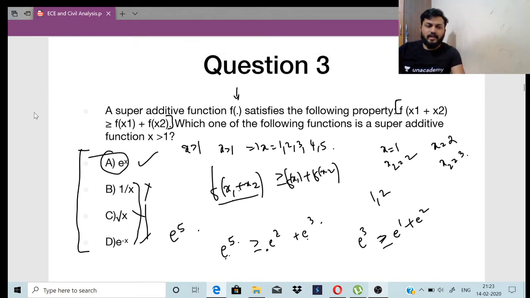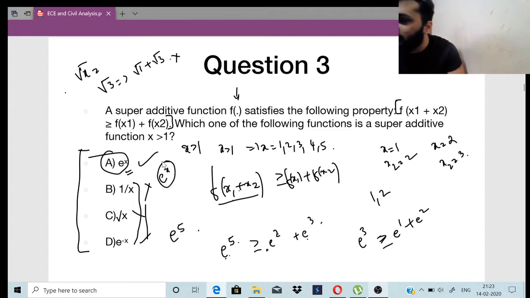Root x: root 1 plus 3 is equal to or greater than root 1 plus root 3? Is it true? This is again wrong here. Now e power minus x is obviously wrong. So it is e power x. Clear with everyone?